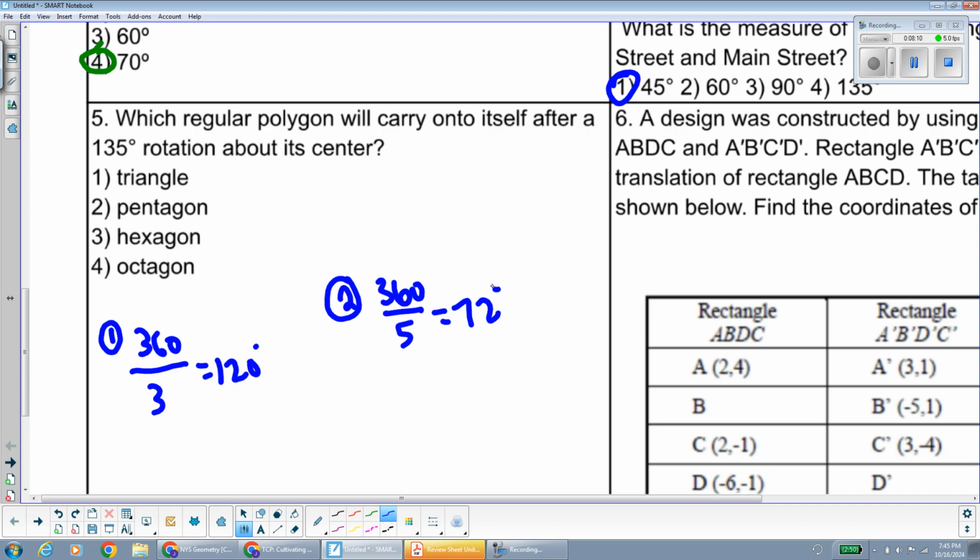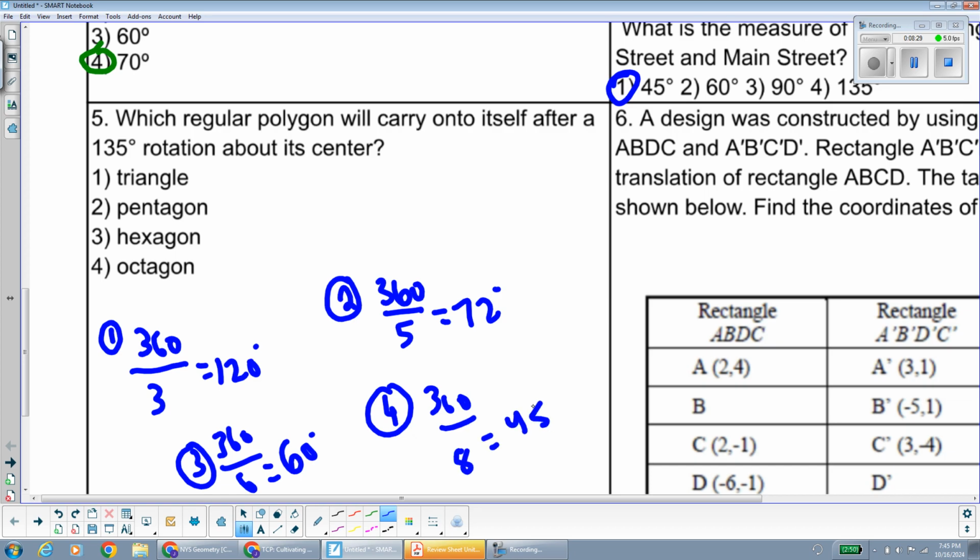A 72-degree rotation would bring a regular pentagon to itself. A 60-degree rotation would bring a regular hexagon to itself. A 45-degree rotation would bring a regular octagon onto itself.